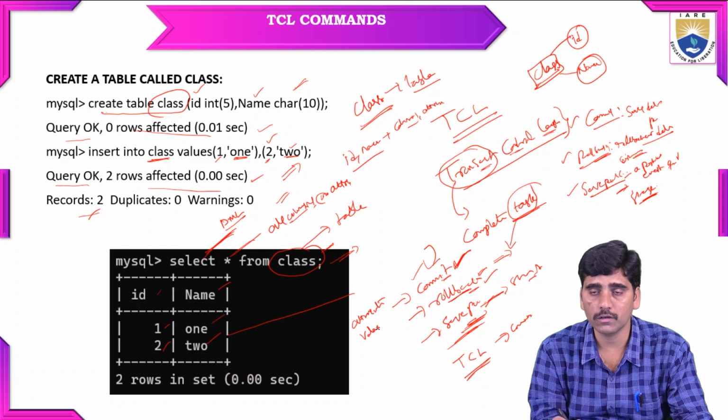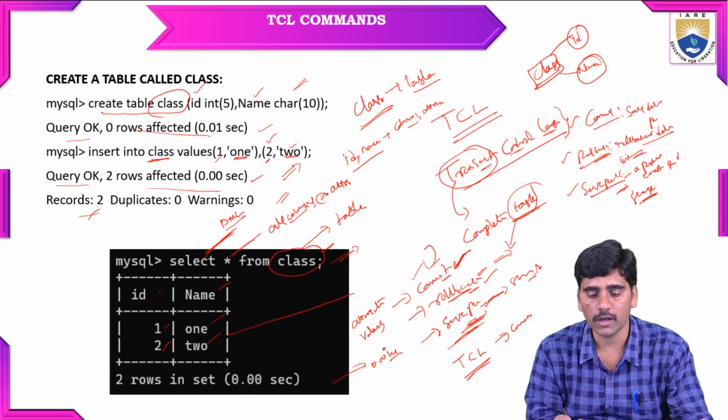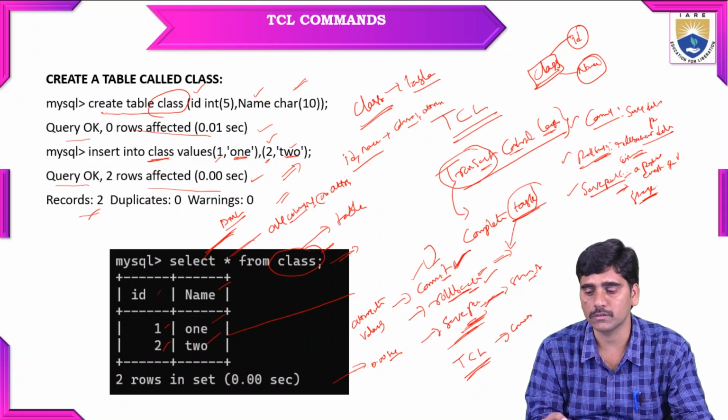Two rows are displayed, and the query executed within 0.00 seconds. So now I created a table and inserted two values, and I already checked that the values are inserted with the help of the select star command.